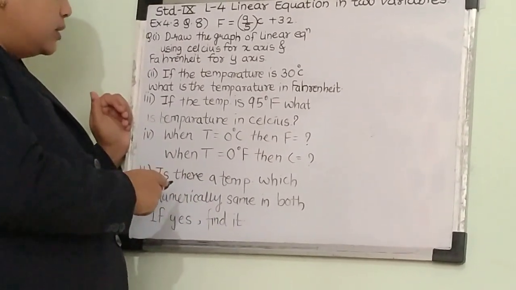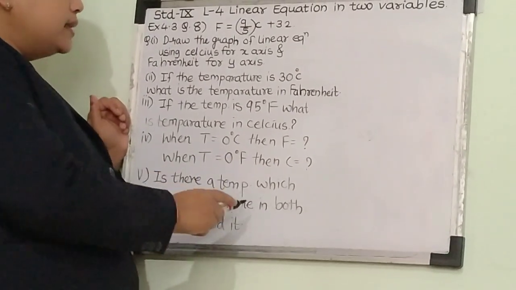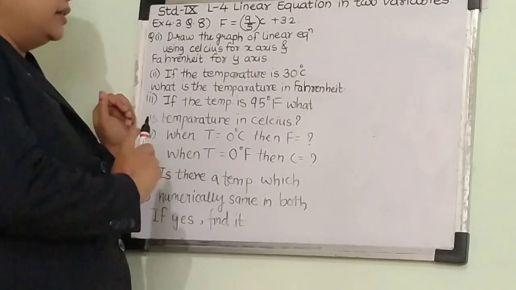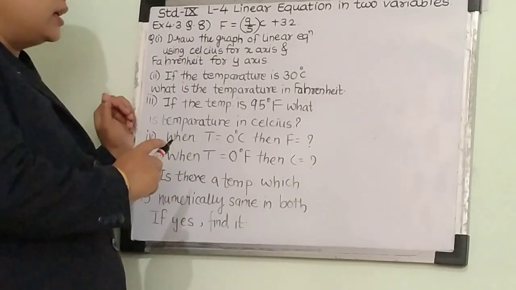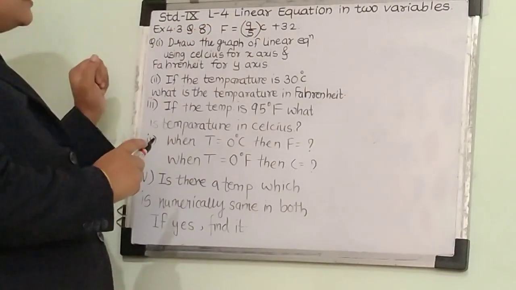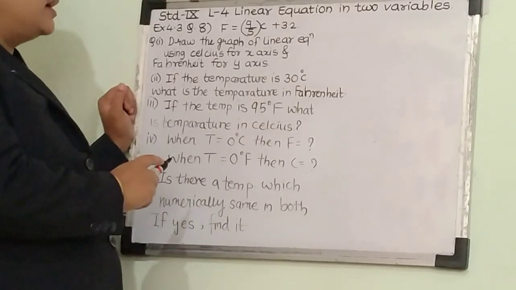Then, if the temperature is 0 degrees Celsius, we have to find the temperature in Fahrenheit. And when the temperature is 0 degrees Fahrenheit, we have to find the temperature in Celsius. And the last question: is there a temperature which is numerically the same in both? If yes, find it. It means we have to check if the value of Fahrenheit and Celsius is the same numerically, then which is that value.